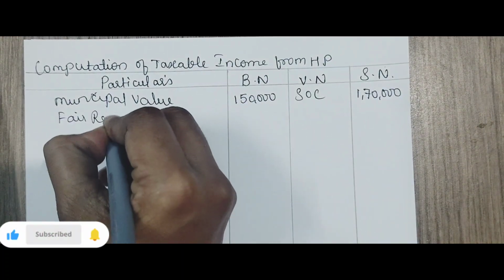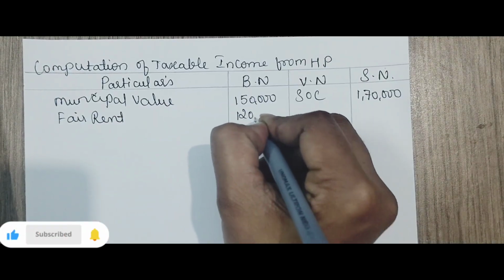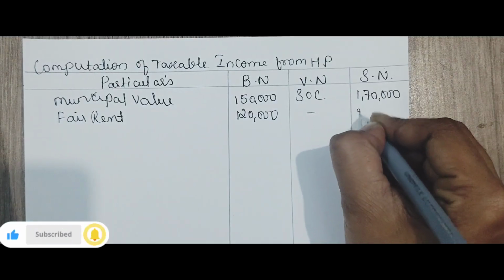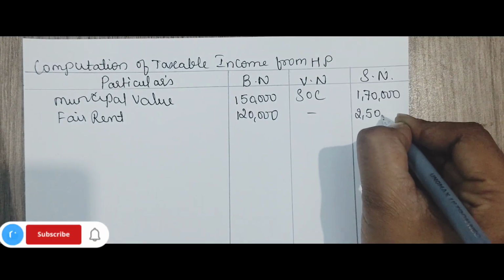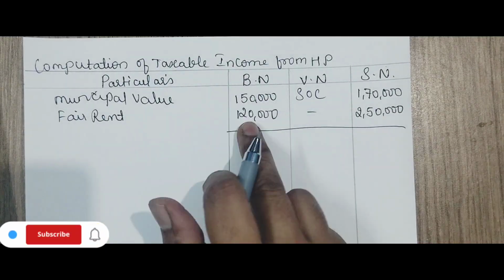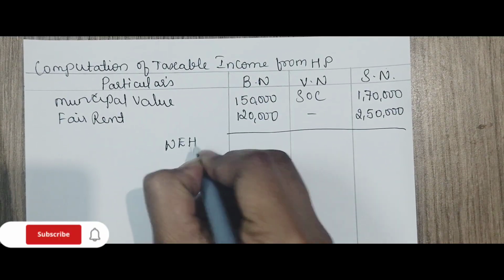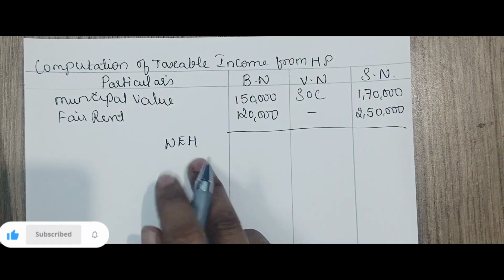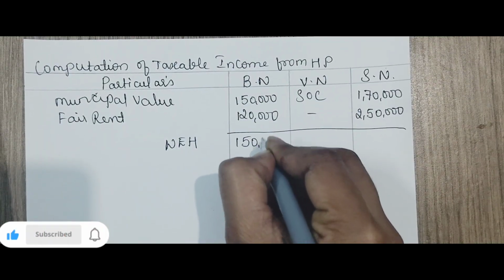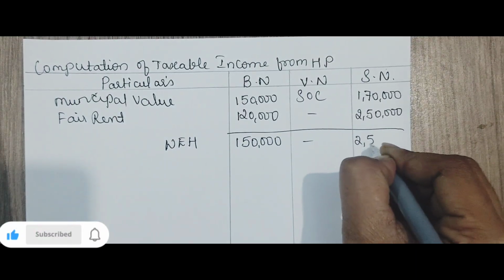Fair rent is 1,20,000 and 2,50,000. Now, by comparing these two, whichever is higher, we are going to consider. This will be called as notional rent. Which is higher? 1,50,000. And which is higher here? 2,50,000.